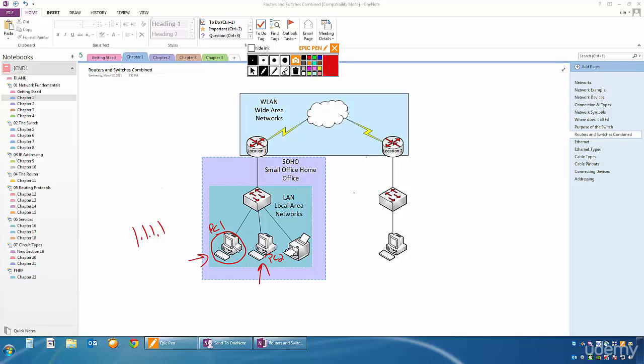And the PC is going to look at it and say, well, wait a minute. 1.1.1.1 is not on my network. So where will PC1 send it? The only place where that can send traffic between networks. They'll send it right to the router. The router will get that information and say, oh, you're trying to get to 1.1.1.1.